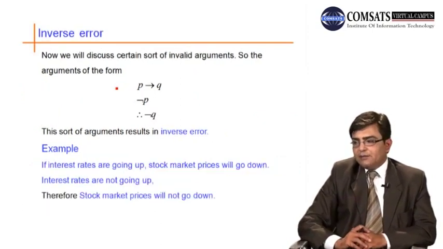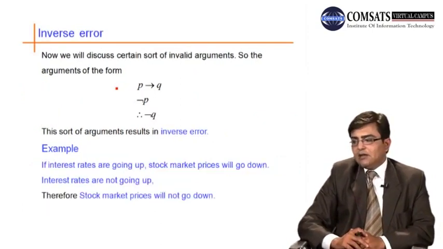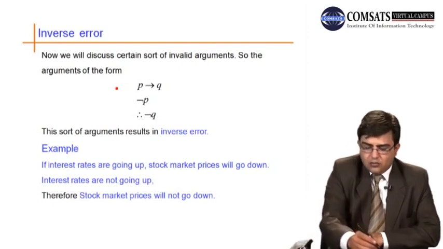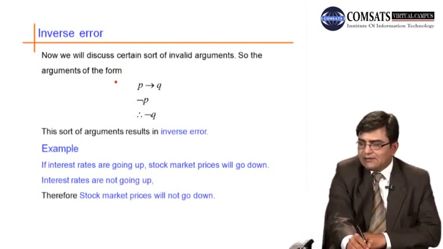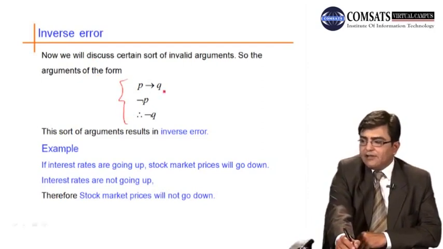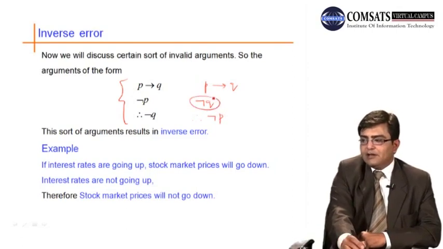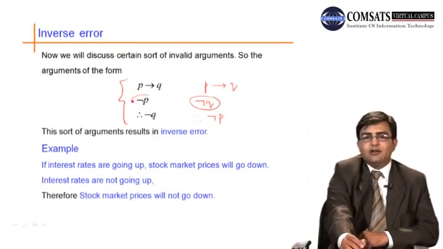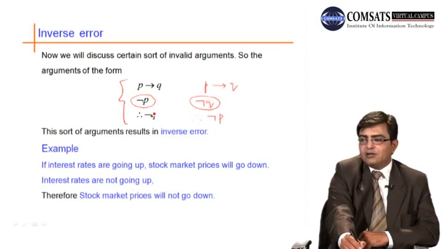The next error is of type inverse error. So what is this and why is it an error? Basically, if we have P implies Q, then in modus tollens we have not Q and the conclusion is not P. So instead of writing not Q here, if someone writes not P and draws the conclusion not Q, then he has replaced a conclusion by a premise and a premise by a conclusion.